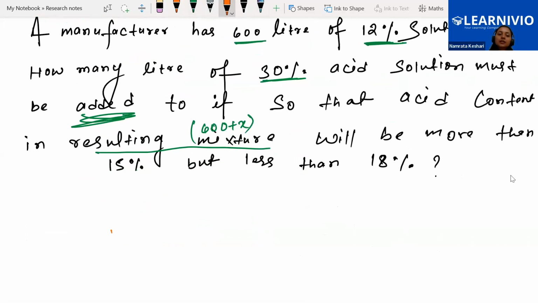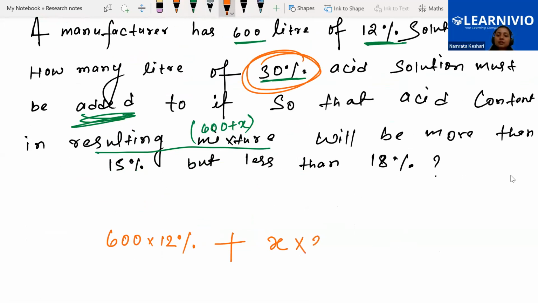So 600 liter we already have, with 12% acid solution. In that we are adding X liter, which is having 30% acid solution. So the acid content in the resulting mixture, 600 plus X, will be more than 15% but less than 18%.